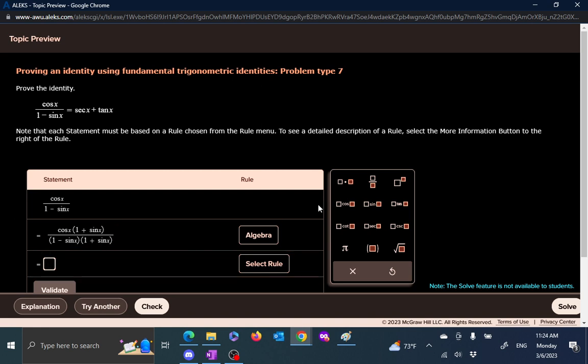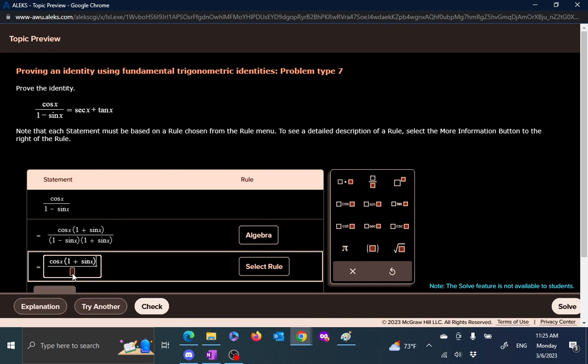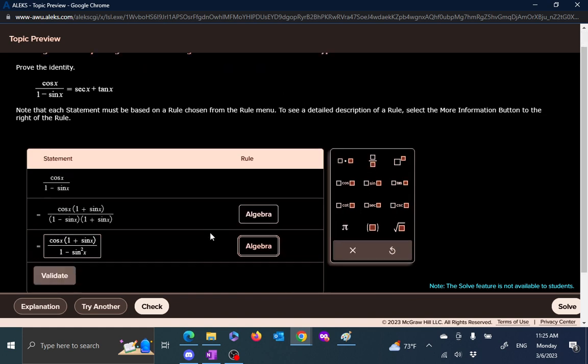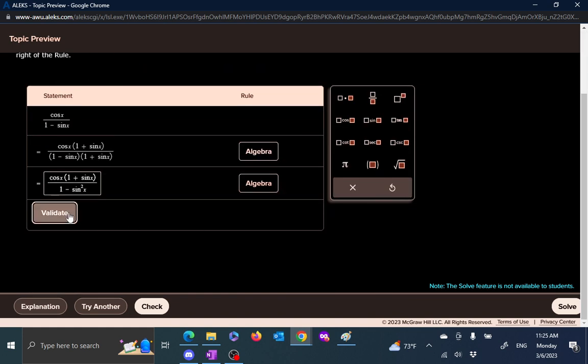Now again, let's have a fraction. Numerator as it is, cosine of x times 1 plus sine of x. Denominator, we have 1 minus sine square of x. What did we do? We just applied more algebra. Are we fine? Let's hope so.